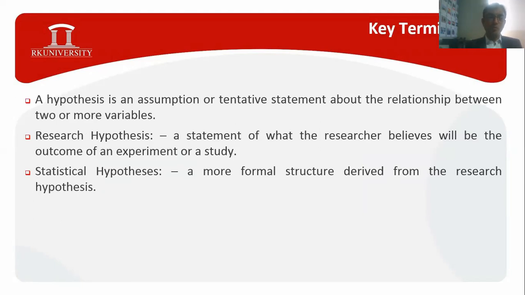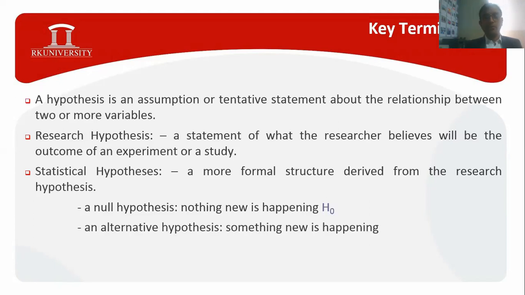Now, a statistical hypothesis is a more formal structure derived from the research hypothesis, and it generally has two parts. One is called the null hypothesis, which says that nothing new is happening. That means all old beliefs and theories are true. If a researcher wants to prove that the old theory or assumptions are not true, and wants to establish a new claim, then that will come as the alternate hypothesis. That means something new is happening.